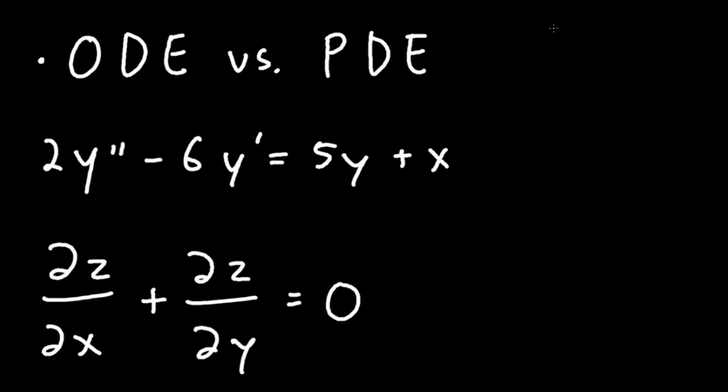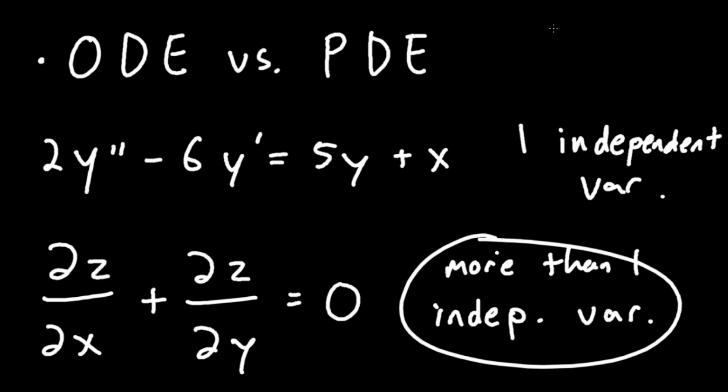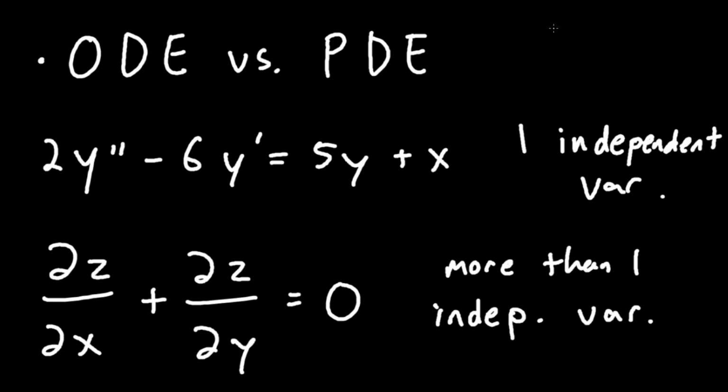But now that you have hopefully done what I said to do, an ordinary differential equation is a differential equation where there's only one independent variable. A partial differential equation has more than one independent variable. I'll just write down indep var. Okay, so a partial differential equation has more than one independent variable.